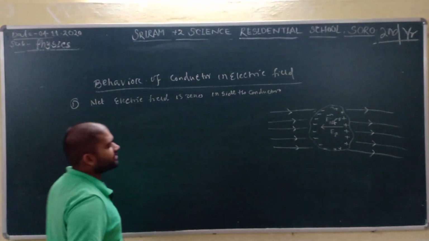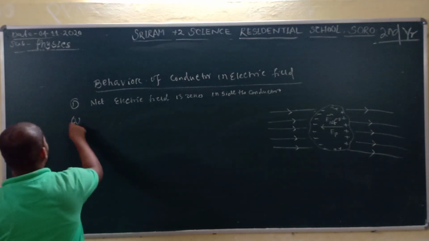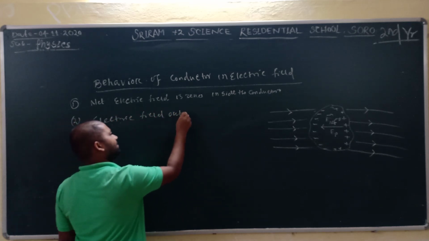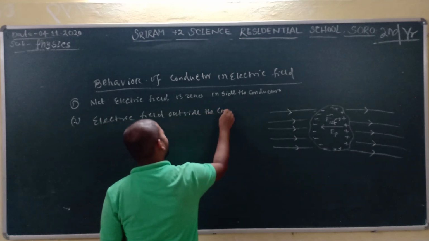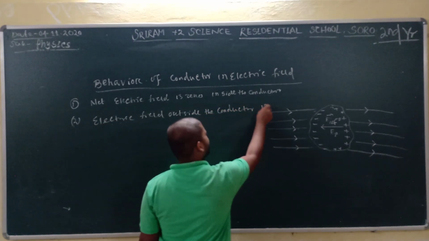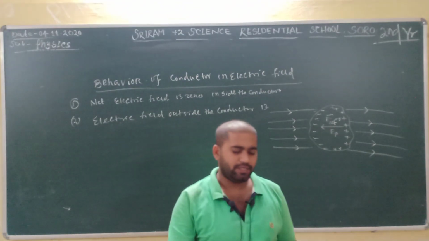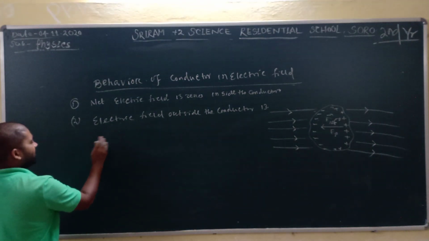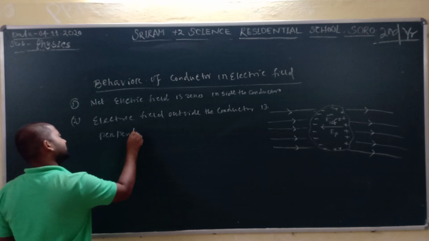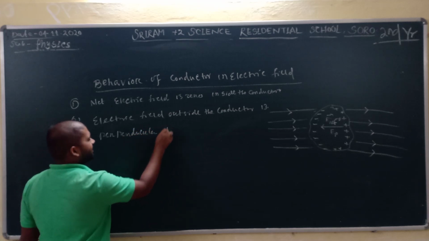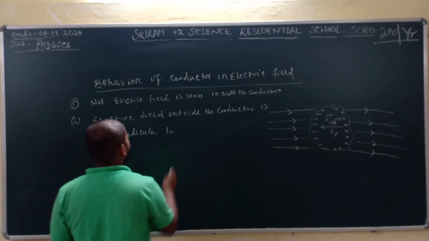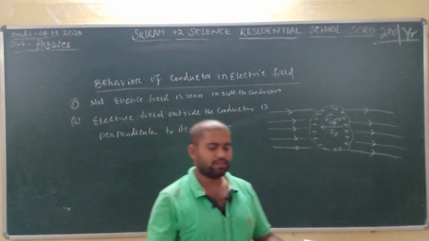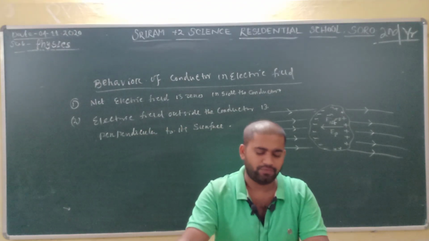Second point: for a conductor, the electric field outside the conductor is perpendicular to its surface.